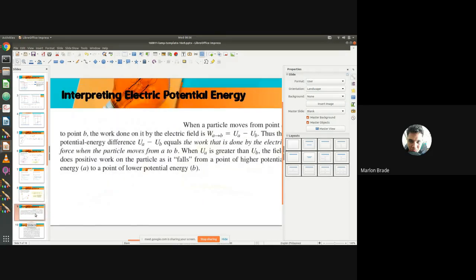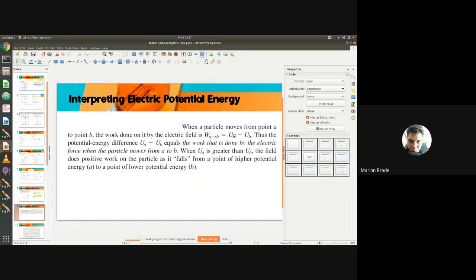Okay, so interpreting electric potential energy. When a particle moves from point A to point B, the work done on it by the electric field is W A to B equals the difference between the initial potential energy, katong initial niya nga position, minus the potential energy sa karaan niya nga position.